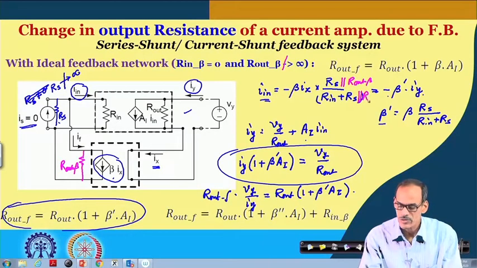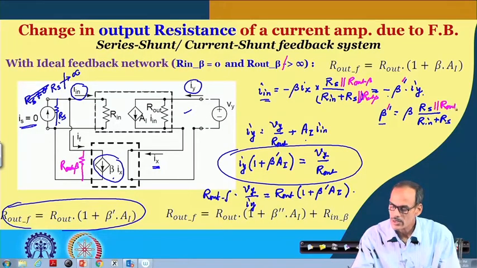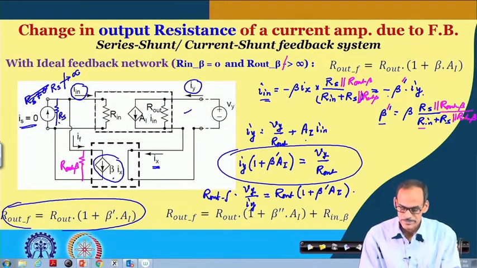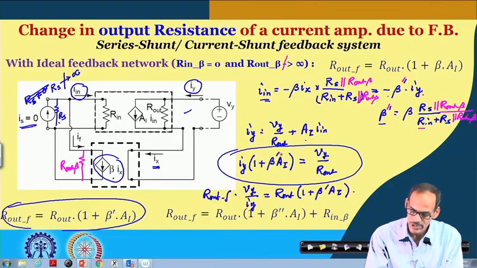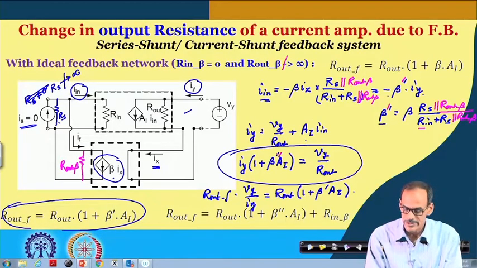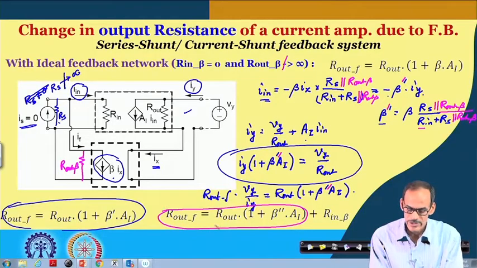So, we do have R out beta here, and then we call this beta double dashed, and its expression is beta into R s in parallel with R out beta divided by R in plus R s in parallel with R out beta. So, this derivation remains the same, except this beta dashed gets replaced by beta double dashed, and then the output resistance finally comes like R out multiplied by 1 plus beta double dashed into A I.